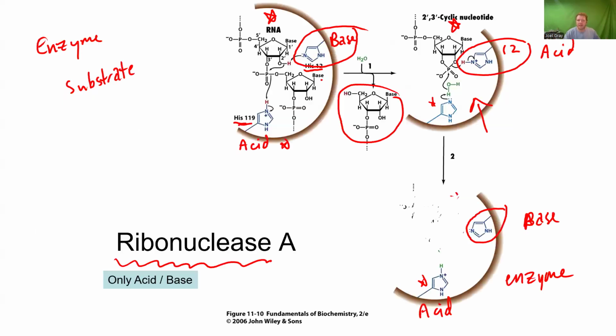But we focused in on these two histidines, where one is an acid and one is a base. So the spoiler alert for the poll question is B. We're focused in only on the active site residues. So if we were to mutate these histidine residues, His12 or His119, we would need to mutate them to something that can act as an acid or can act as a base. Does that answer your question, Melanie?